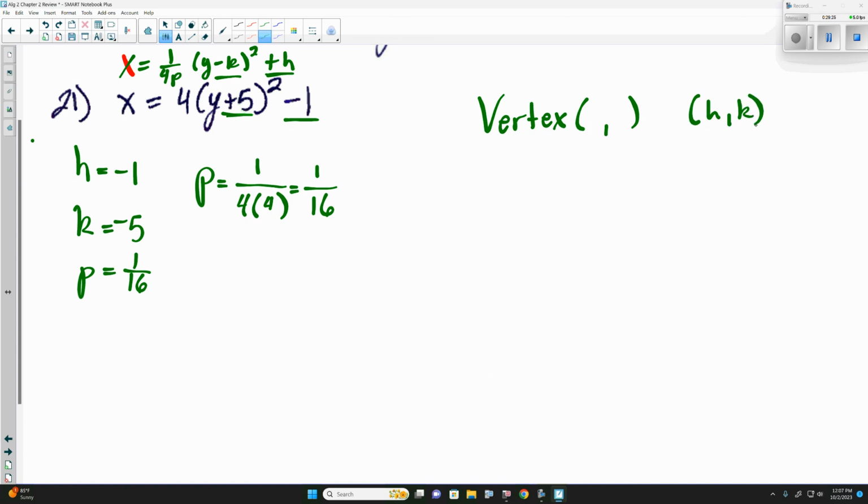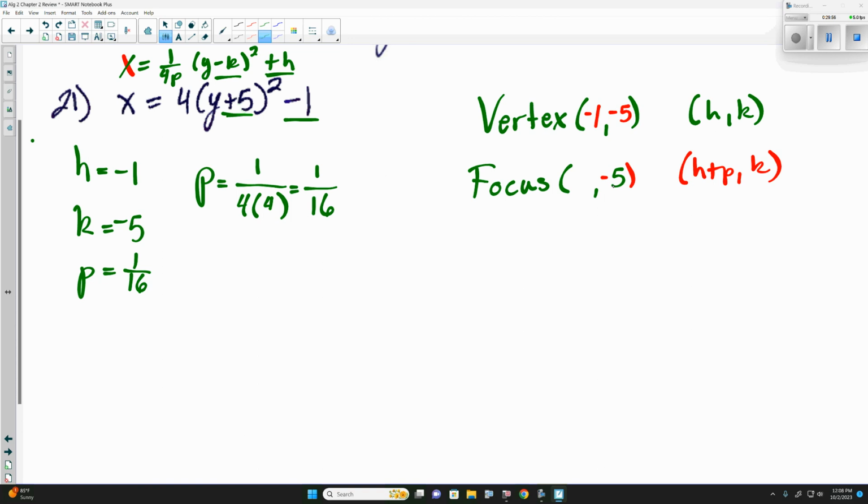Now the vertex for us here is the point h comma k. Well, our h value in this case is -1. The k value is -5. Our focus for this here, we would look at the general form for x equals, which would be h plus p comma k. So the k value is still -5, so we can just replace it.